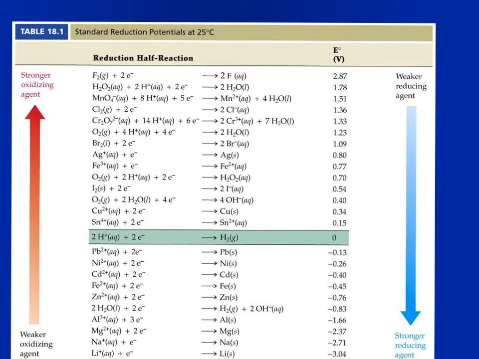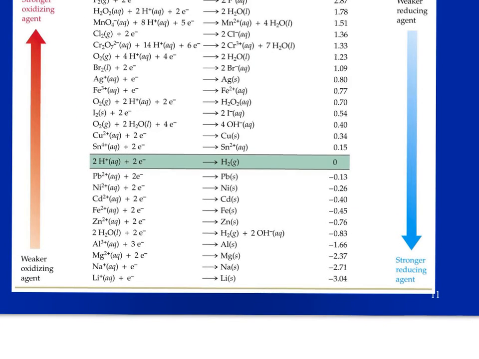And another way to look at this is notice fluorine's at the top. Fluorine will never ever give up its electrons. It has a really high electron affinity to attract electrons, and so that is why this one's a really positive number, and it has the largest voltage on there. And then as you scroll down through this, we get down here.